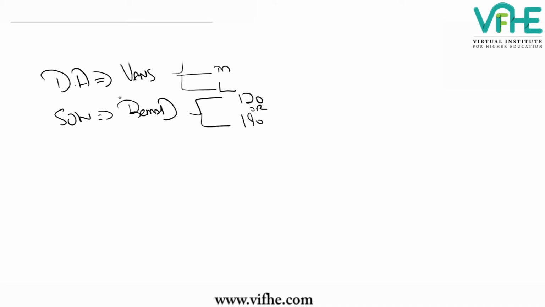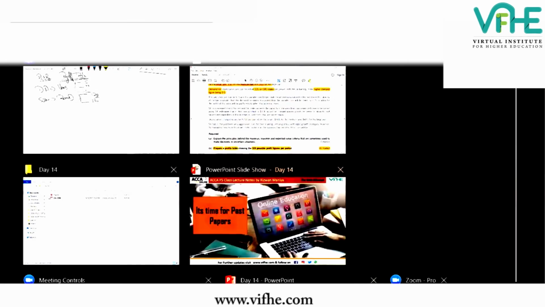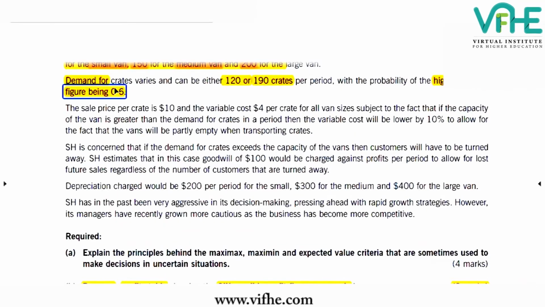Now, the best way to find out the outcomes is that there are 3 DAs and 2 demand possibilities. And why I'm saying this is state of nature is that it is quite clear that probabilities are attached. As you all know, the sum of probabilities equals 1. So the higher demand figure is 0.6. The probability for higher demand is 0.6, which means the probability for a lower demand would be 0.4, because higher demand is 0.6, so lower demand will be 0.4.